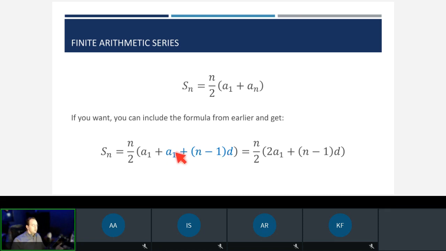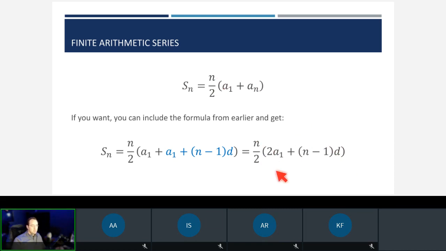That's why I have that here. And then I simplified it. So we have a sub 1 plus a sub 1 is 2 a sub 1s, right? We have 2 times of them, plus the other stuff. So your formula to find the summation of your arithmetic sequence could be done with this equation here or this equation here.